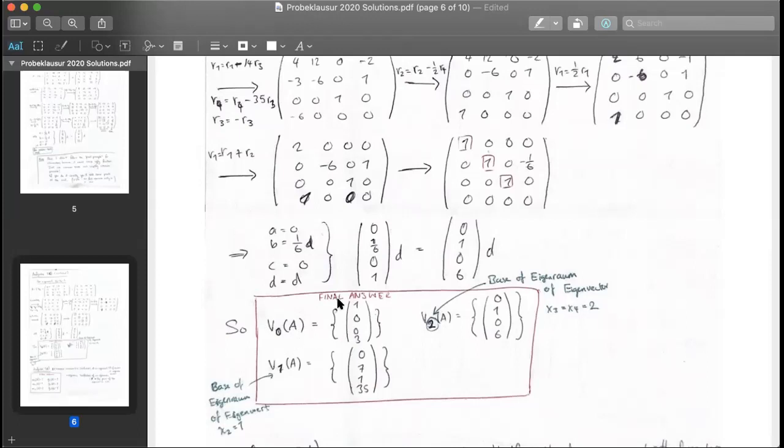And the basis is just this one alone, right? We don't write the D here because D is the combination. It's not the eigenvector itself. And you do the same for the other eigenvalues.